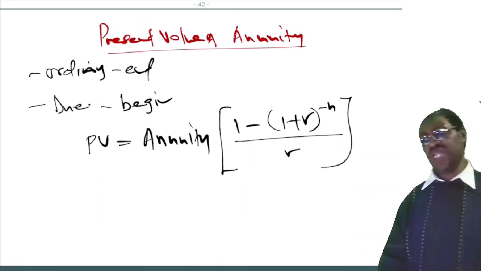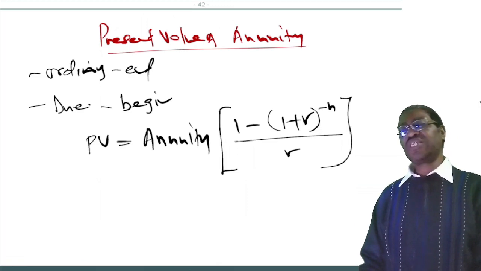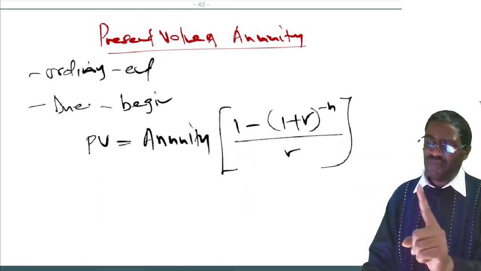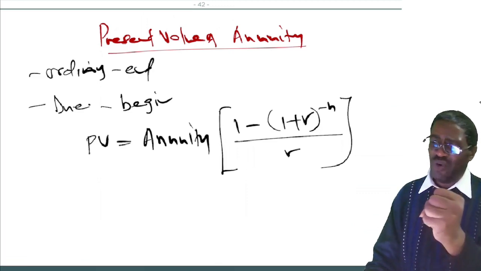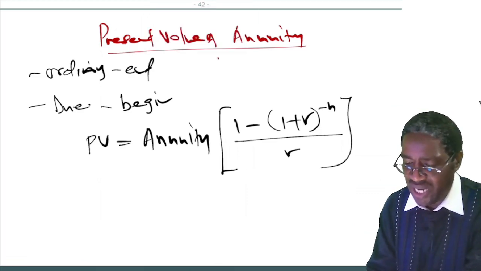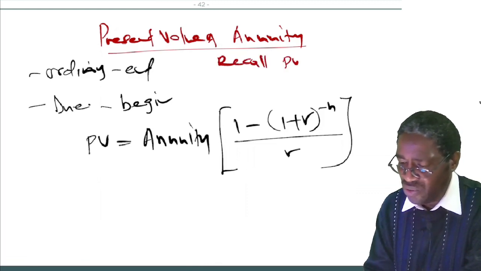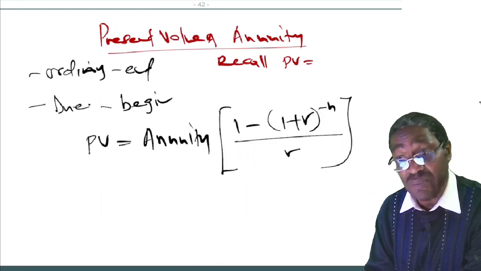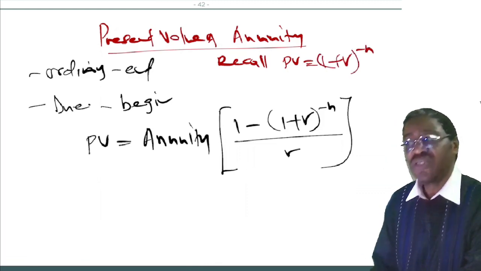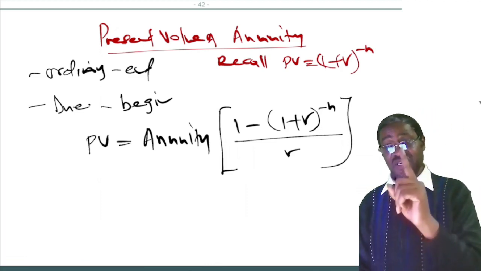This is the formula. But let us assume that you can't remember this formula, but you know the formula for getting the present value of a single amount. What is the formula? Recall the present value of a lump sum amount. It's 1 plus R to the power of negative n.